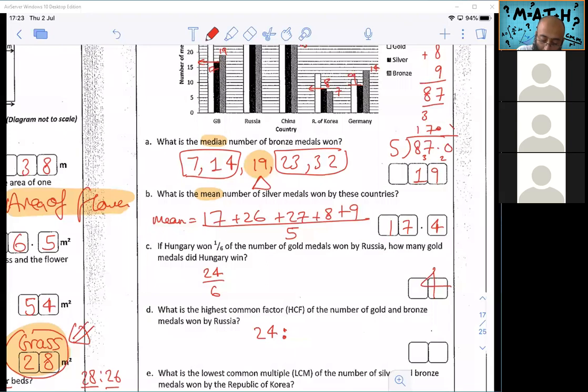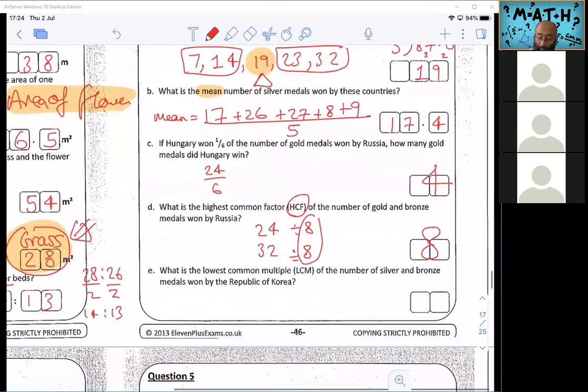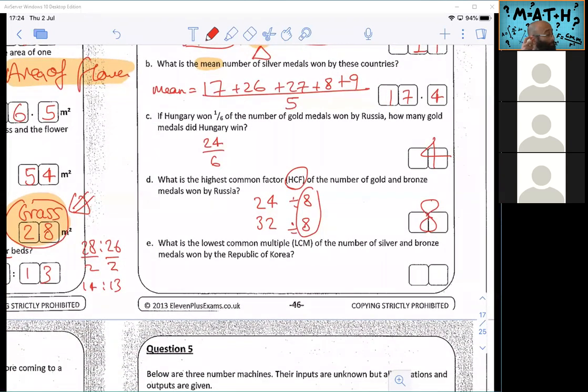Okay, hang on a second, let me get that. 24 and 32. The highest common factor is, what's the biggest number that they will both divide by? 8. Correct. That's the highest common factor. Done. Next question.